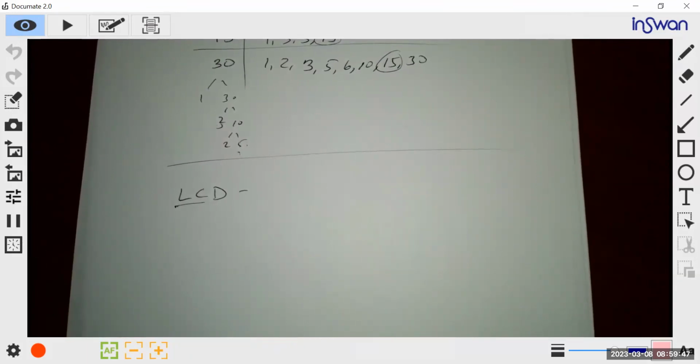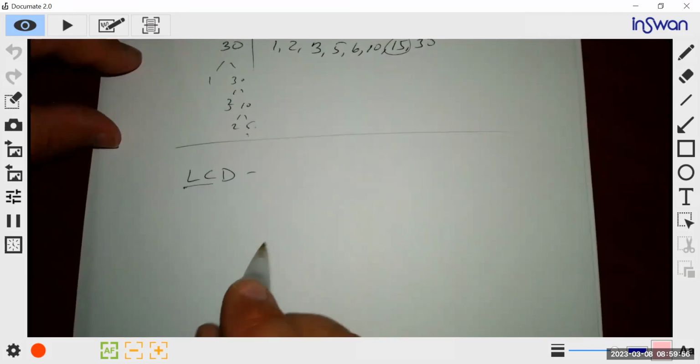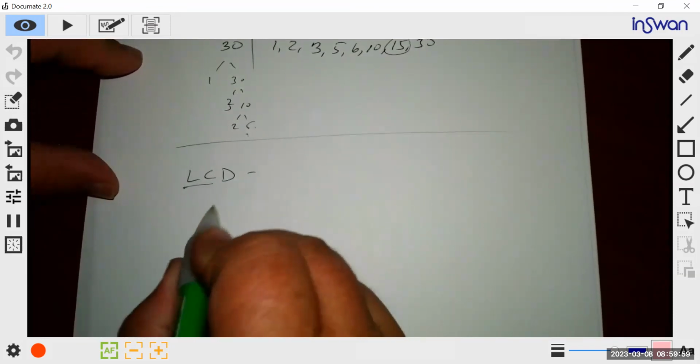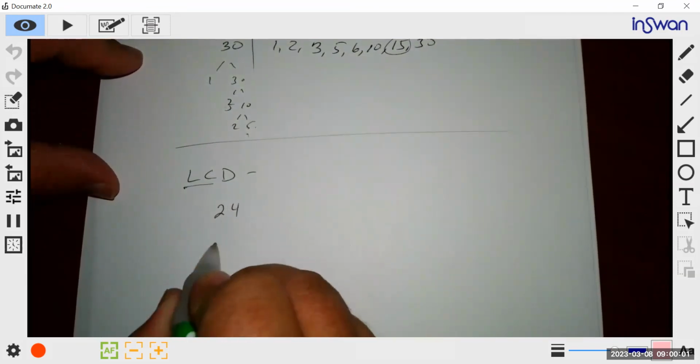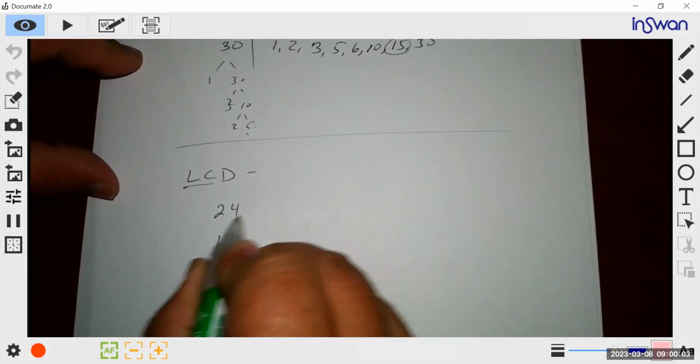What's the smallest number that both of these numbers fit into? Both of the numbers fit into. For example, 24 and 16.